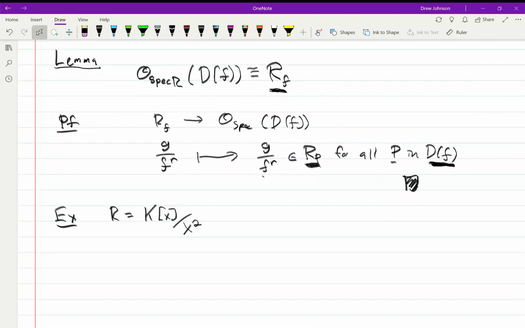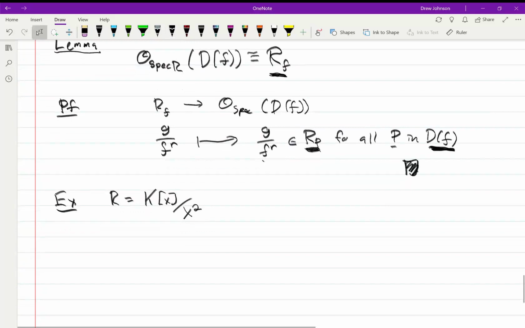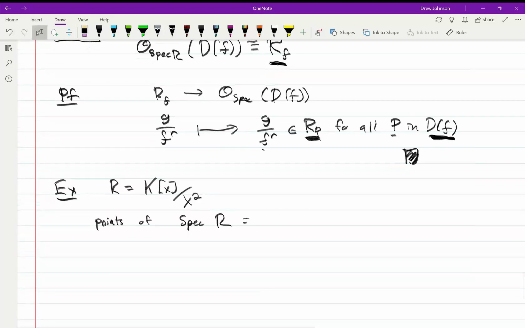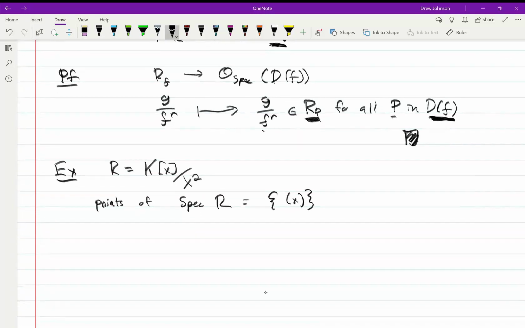So let's think about what the points of Spec R are. Well, there's actually only one point, right? It's just the ideal generated by x, the only prime ideal in this ring. So you can think about that. Okay, and regular functions.